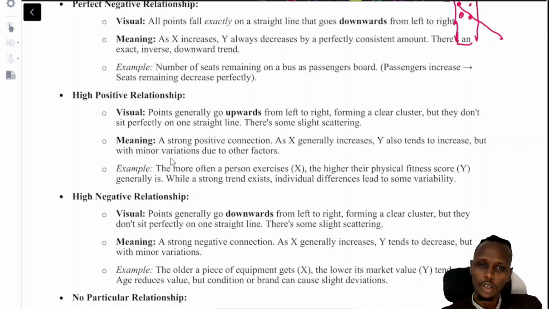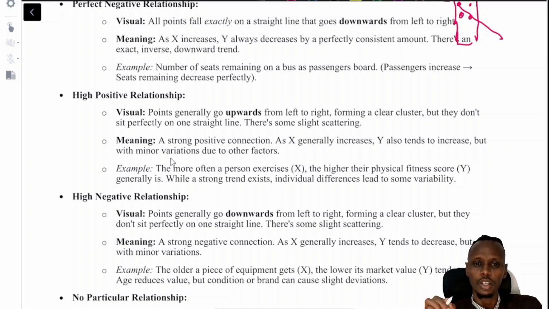And then there is high negative. It is the opposite of high positive, going from up to down. For example, the market value of equipment goes with age. The older the piece of equipment, the lower the value. But sometimes that is not the case for some assets, for some vehicles, which might maintain their value.